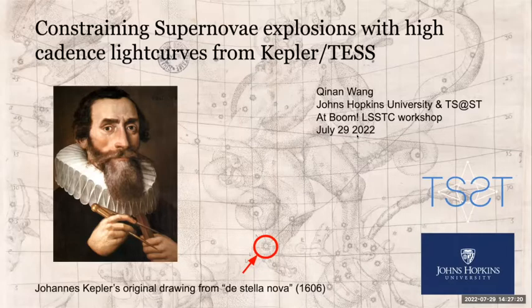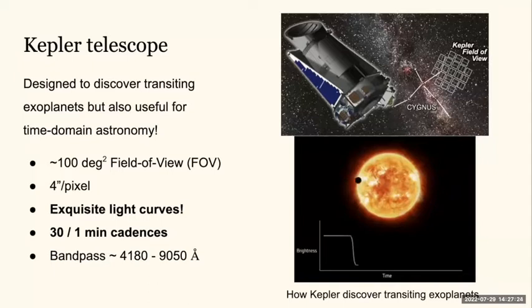Although this telescope was not originally designed for time domain, as many of you may know, the Kepler telescope was originally designed to discover exoplanets. In order to resolve the eclipsing light curves of exoplanets passing in front of their host stars, it's designed to take an exposure every 30 minutes, and it's also designed for a very large field of view.